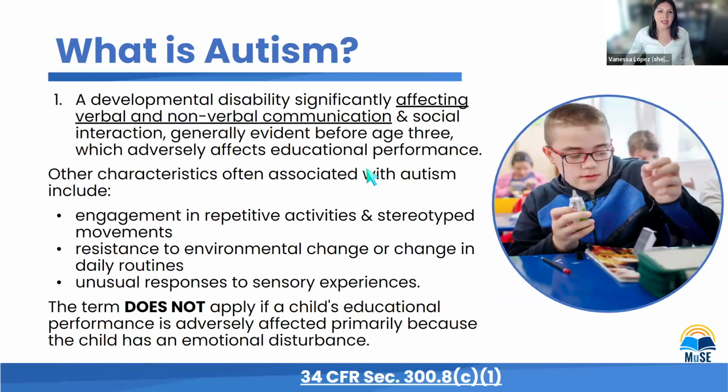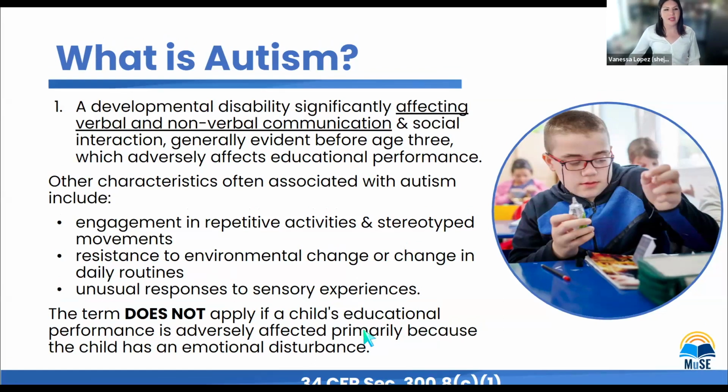The second disability category that we are going to be just briefly going over right now is autism. We know that autism is a developmental disability where a lot of our students may engage in repetitive activities, stereotyped movements, resistance to environmental change or changes in their routines, have some sensory issues, whether they be sensory input or sensory output issues.